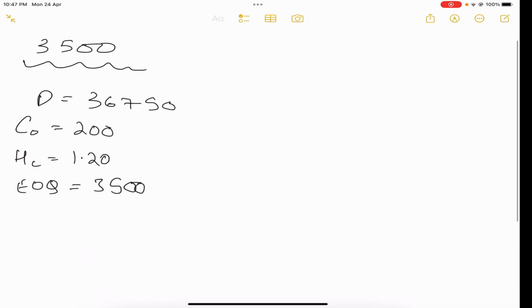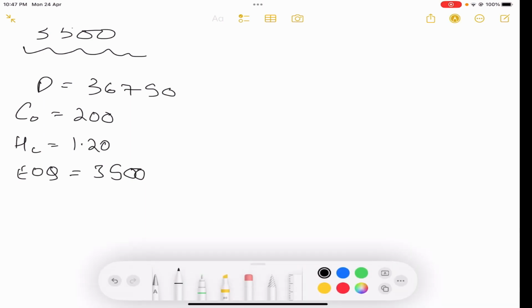So what is my holding cost? 1.20 multiplied by the average inventory. Average inventory would be the order quantity divided by 2. So by doing this, I'll get 2,100.